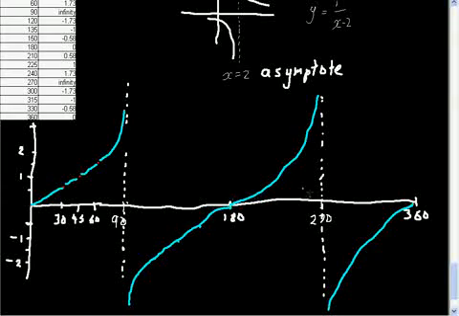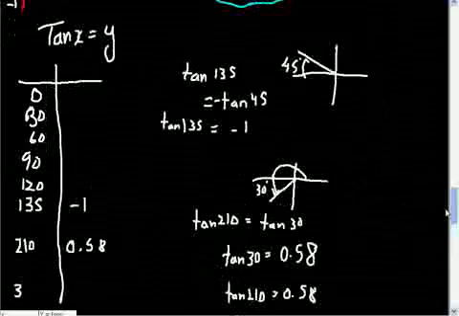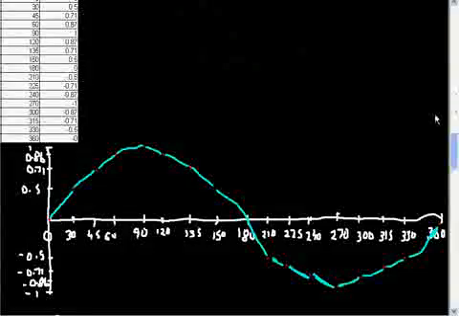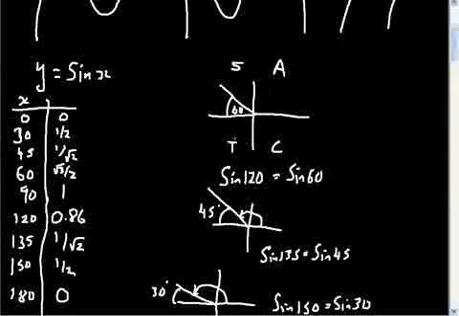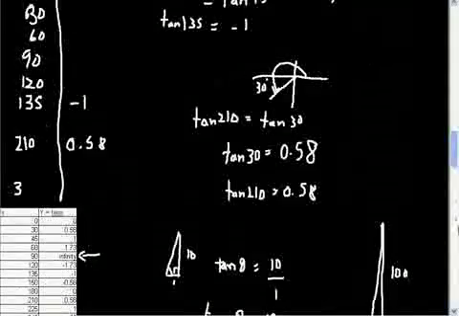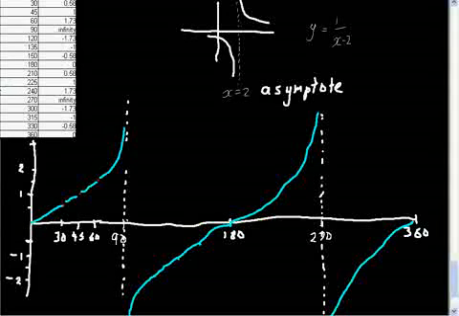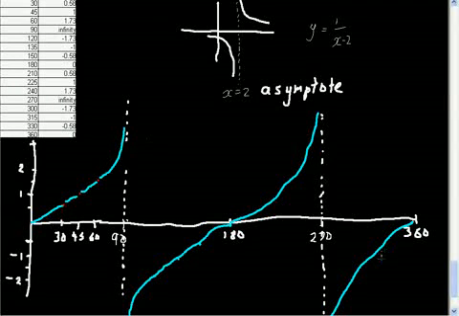I've drawn the rest of the graph. In the third quadrant the tan value of an angle is positive, and in the fourth quadrant the tan value of an angle is negative.